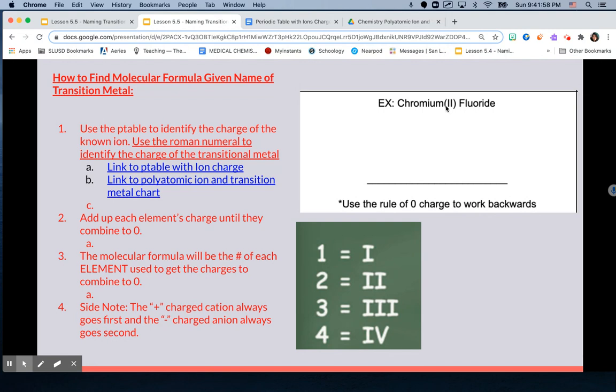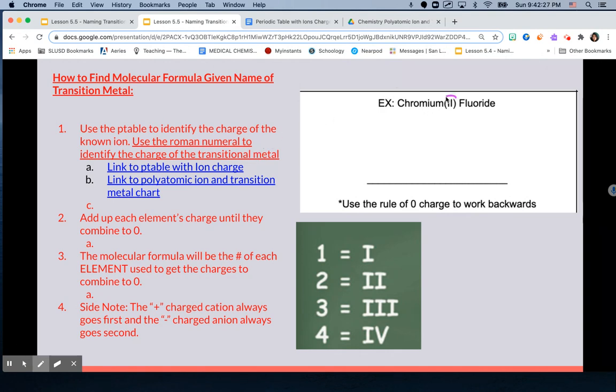And you might notice that different from before, I have Roman numerals now, right? So here it's almost the same steps, just a little bit of extra detailing, right? Okay. So something that we should know about the Roman numerals is that the Roman numerals help us identify the charge of the transition metal, right?